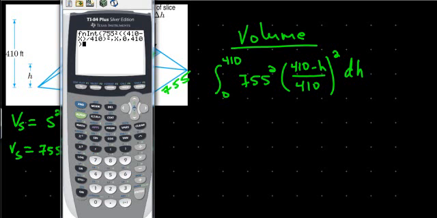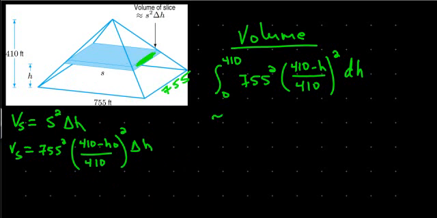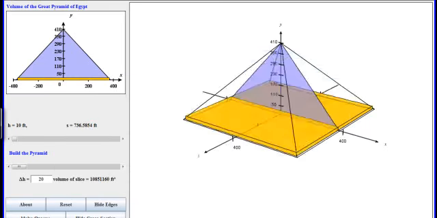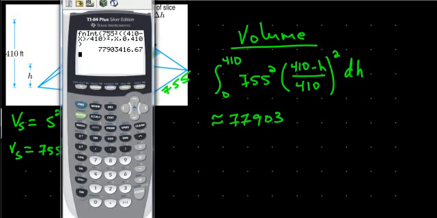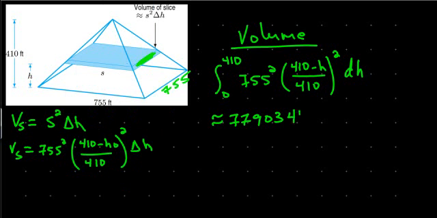Let's see, it might take it a minute to do this one. Let's see, what is that? 77, let me write that down. So 77,903. So this is going to be about equal to 77,903.67, 416.67 cubic feet.